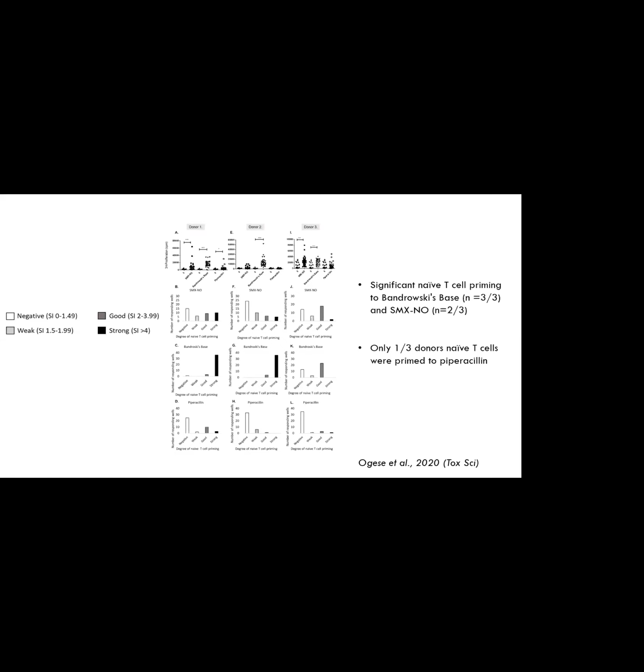They've been able to obtain their T cells and make them reactive to particular drugs. The most successful has been priming to Bandrowski's base, which is a dye that's used a lot, and it has been found to cause adverse drug reactions.